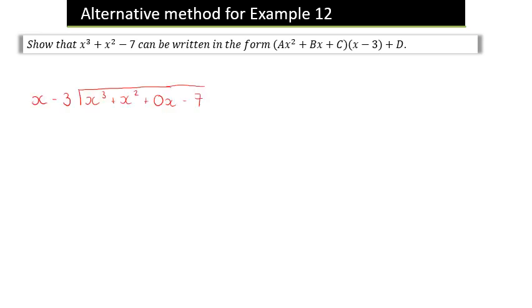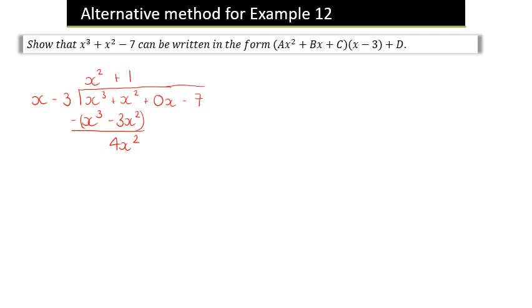So as with the previous example, I'm going to write 0x squared in here to help me with the layout of my division. So x squared times x, x cubed, x squared times minus 3. Subtract these away from each other, the x cubes cancel, and then x squared, take away negative 3x squared is 4x squared.